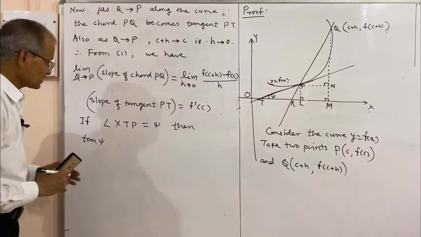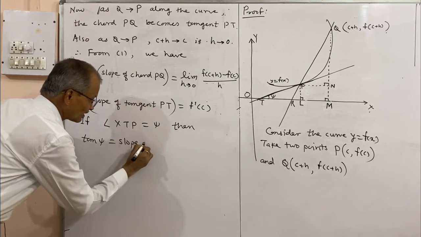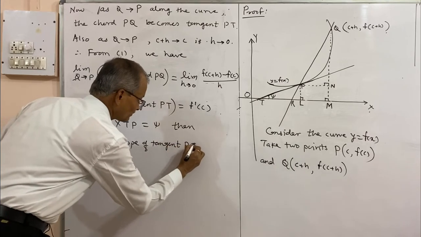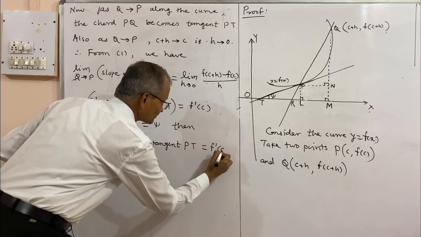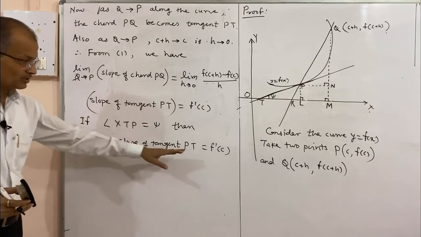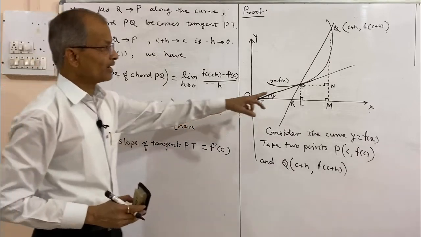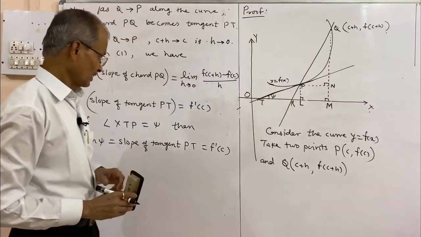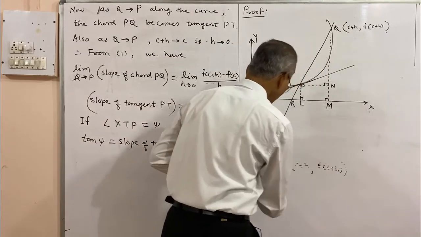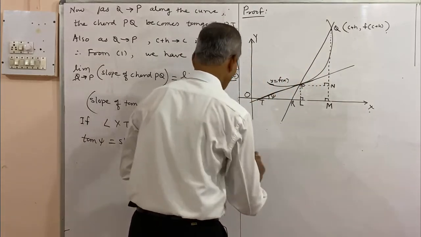So tan psi is the slope of tangent PT, and this is equal to f dash of c. So this is what we wanted to prove. The slope of tangent is f dash c, and that is the tangent of the angle made by the tangent line with the x-axis, and thus f dash c represents the slope of tangent.